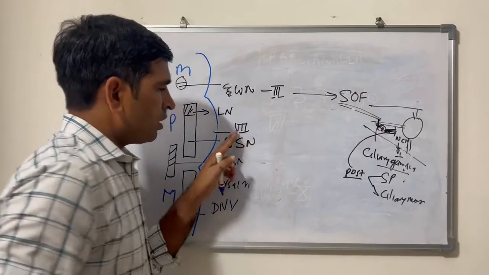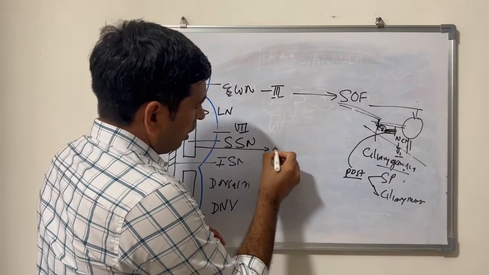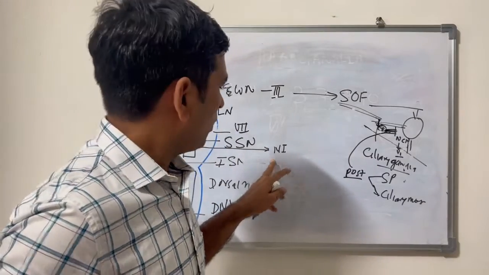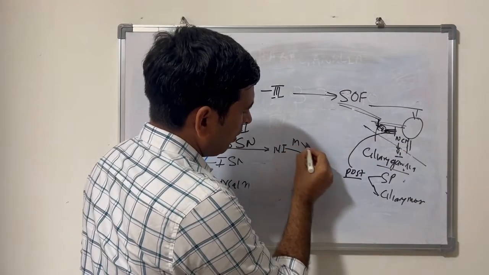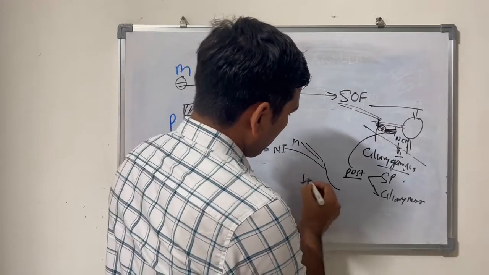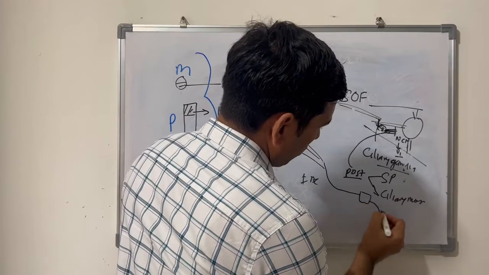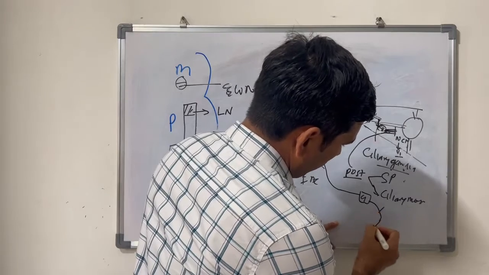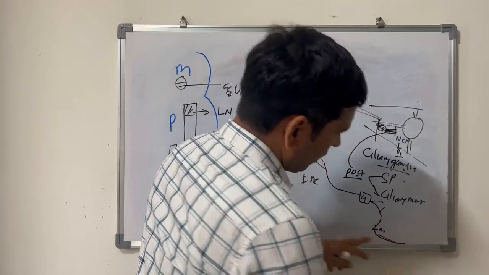salivatory nucleus. This superior salivatory nucleus supply goes through the nervus intermedius, part of the facial nerve, and this nervus intermedius goes along with the motor fibers of the facial nerve into the internal auditory canal and goes up to the geniculate ganglion, the first genu, and this is the second genu, and comes out at the stylomastoid foramen.